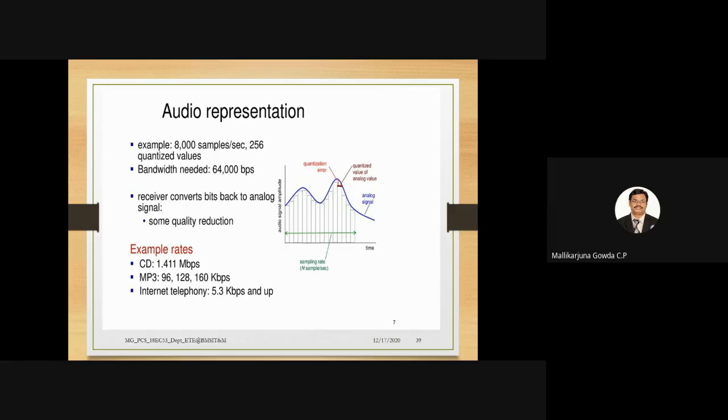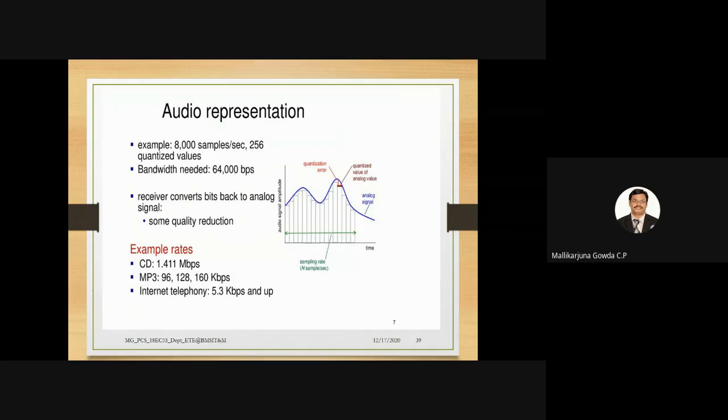One is in CD, MP3, internet telephony, right? I said it is basically used in telephone, with what data rate? So I said our voice signal frequency range is from 300 Hertz to 3400 Hertz. It will be rounded off to 4 kilohertz. That is why it is sampled at 8 kilohertz.